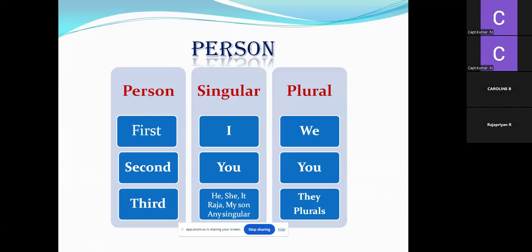It is used to indicate things and also animals. So he, she, it, or any singular person comes under third person singular. And when we talk about a group of people, a group of boys, a group of girls, or animals, we indicate them with the pronoun they or students, any plural. So that comes under third person plural. So knowledge of this person is very much necessary to understand the explanation for each tense. Now, did you get it?